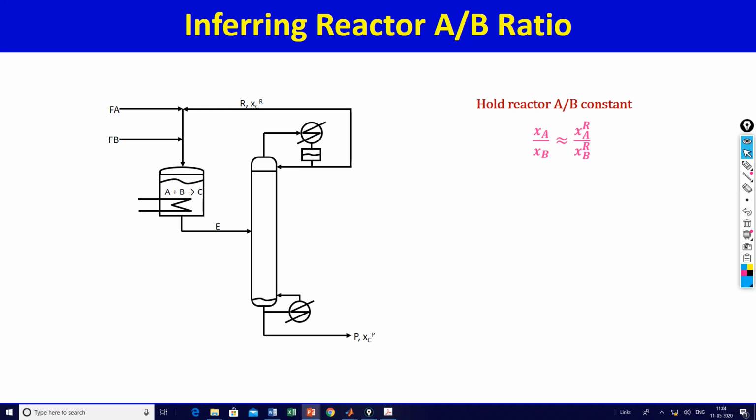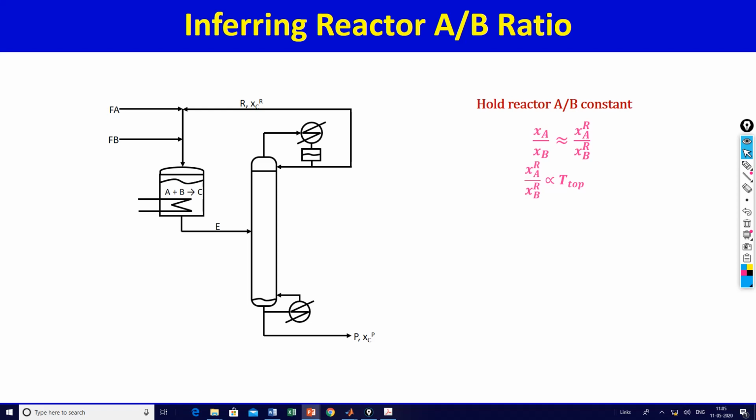And if you are running your column to prevent leakage of C up the top, and if the leakage of C up the top is negligibly small or held constant at a fixed value, then the top tray temperature is due to A and B, negligible C. If this tray temperature is increasing, what that means is B is accumulating and A is depleting, and if this tray temperature is decreasing, then A, which is the lighter component, is increasing relative to B, and B is decreasing.